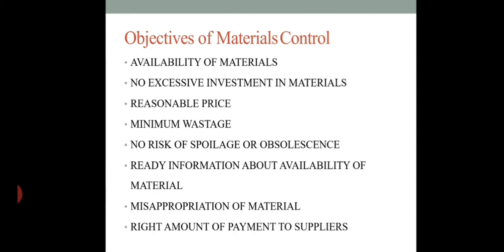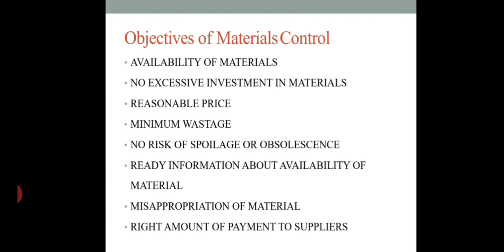And the next one is misappropriation of material. Material can easily be misappropriated. There may be chances of fraud by the employees. Therefore, this requires an internal check on material, which is a part of material control. And the next one is the right amount of payment to suppliers.